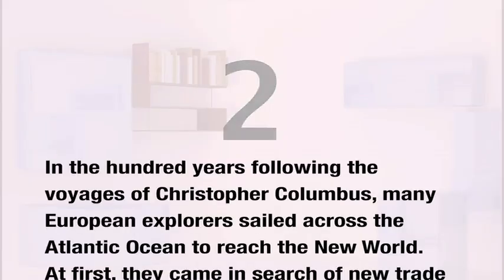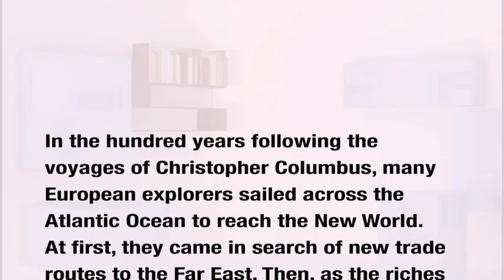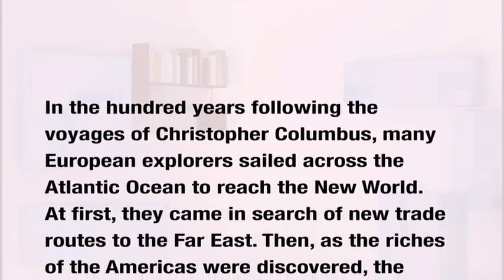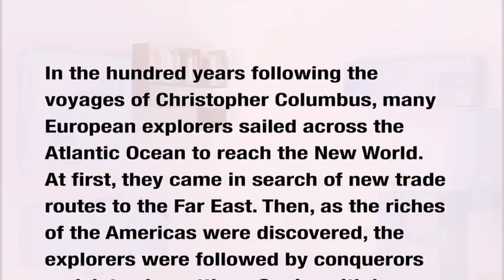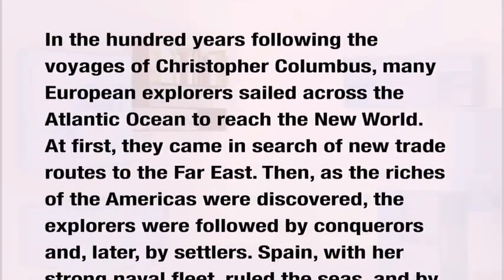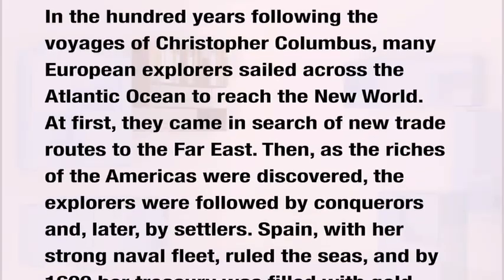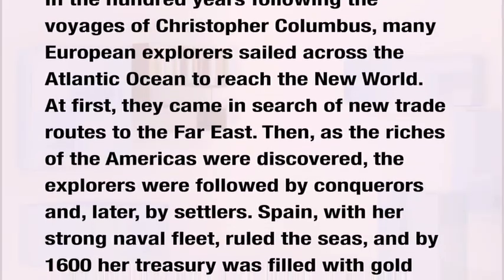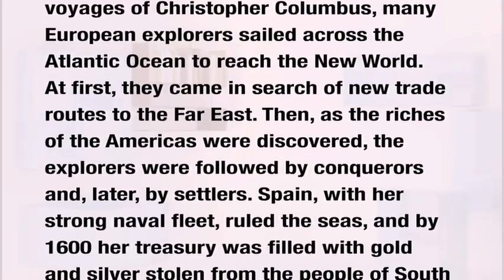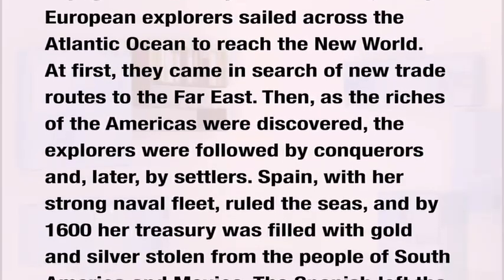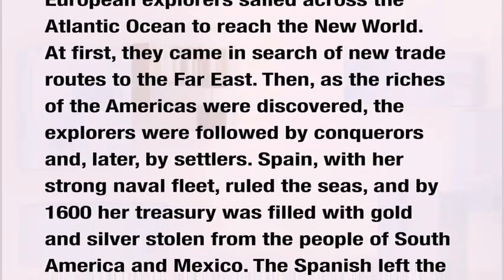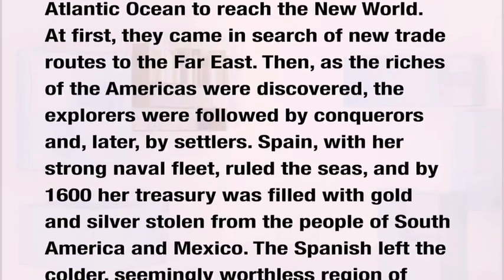2. In the 100 years following the voyages of Christopher Columbus, many European explorers sailed across the Atlantic Ocean to reach the New World. At first, they came in search of new trade routes to the Far East. Then, as the riches of the Americas were discovered, the explorers were followed by conquerors and later by settlers.